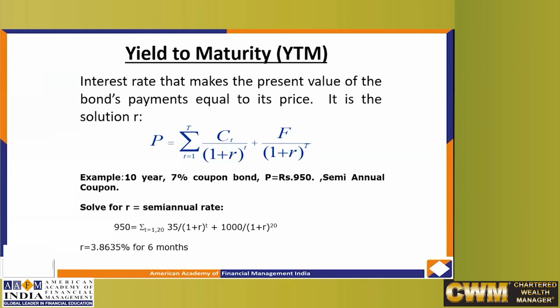And if I have to convert this into an effective half yearly rate, what would it be? Divided by 2. That is 3.8635. Yes or no? All of you are getting this or not?